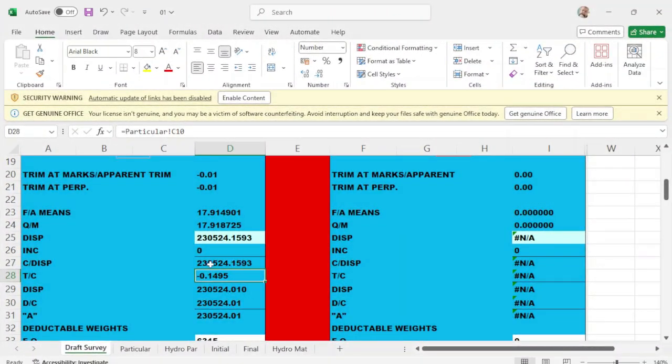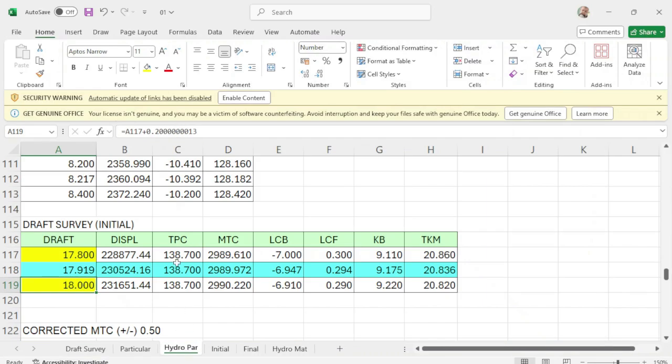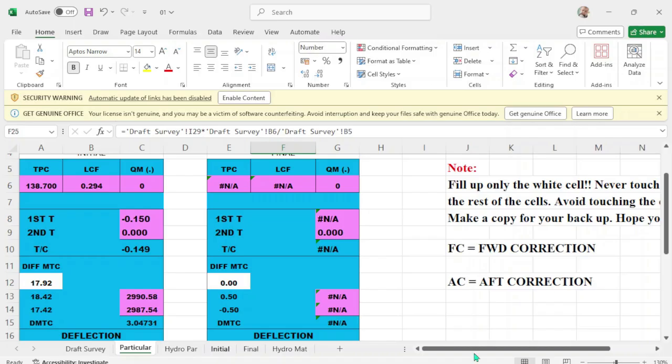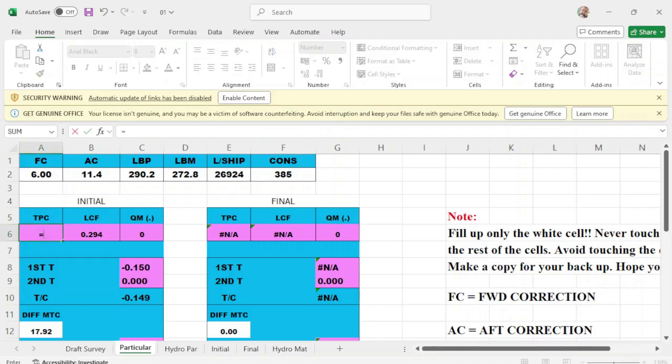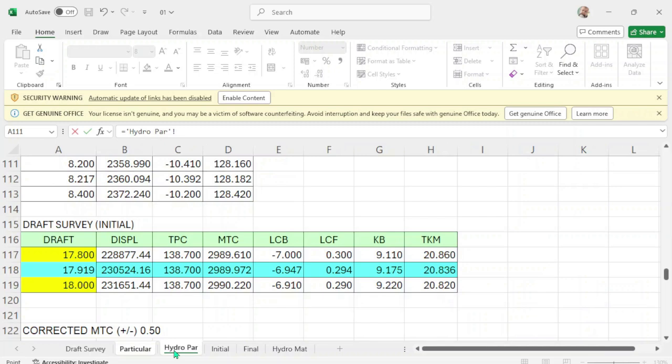So from here, you go back to the hydrostatic table, then you have your TPC, MTC, LCB, LCF, KB. So you go to your particular, and you will see here the initial. So from initial, you have your TPC and LCF. So we will get the value of TPC. You click the cell and press equals, then go to the hydrostatic table.